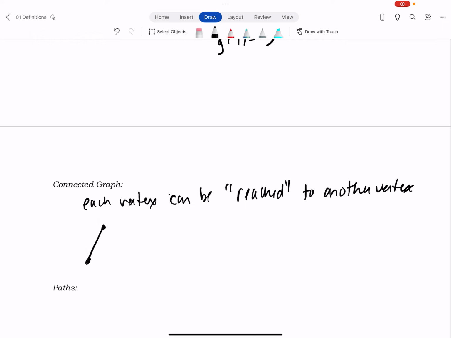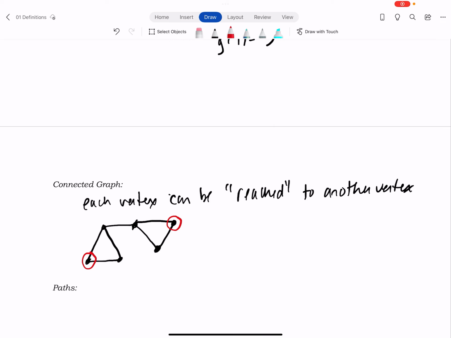So here is an example of a connected graph. If you wanted to go from this vertex to that vertex, you could walk along a trail of edges and get there.